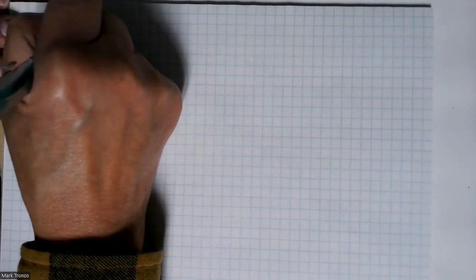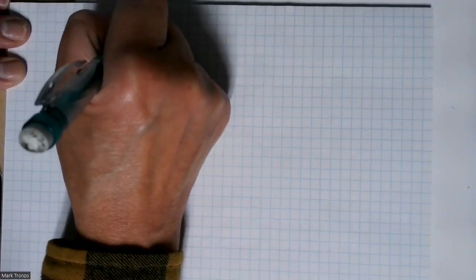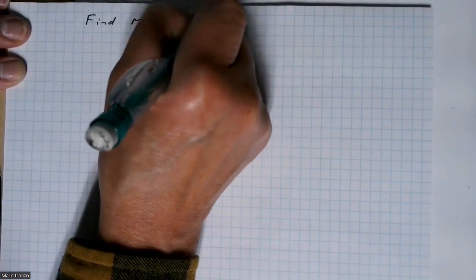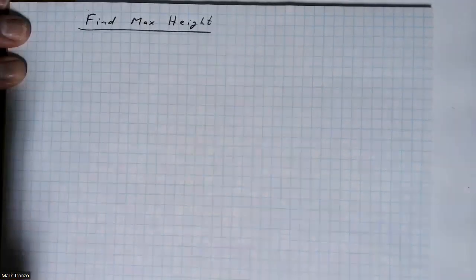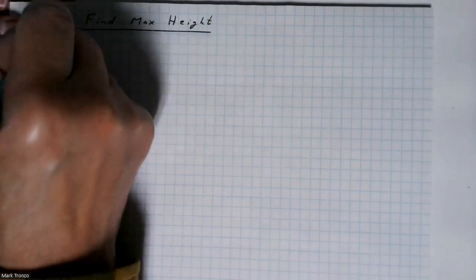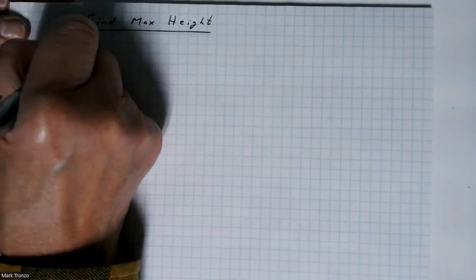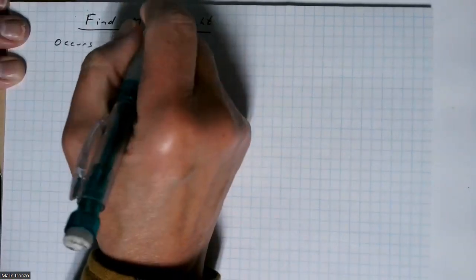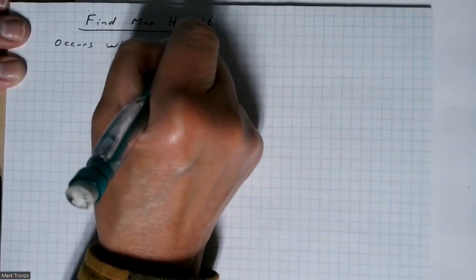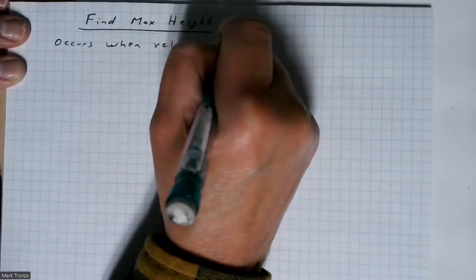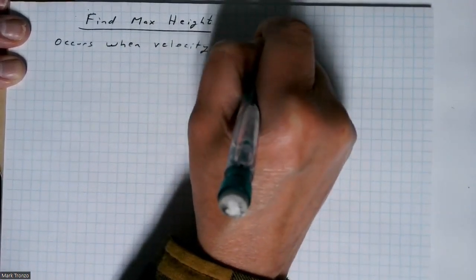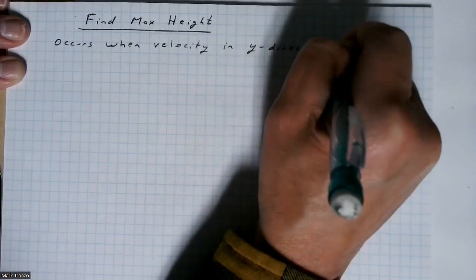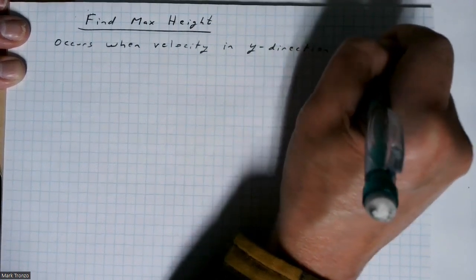So find max height, and again, let me just write down: occurs when velocity in y direction is 0.